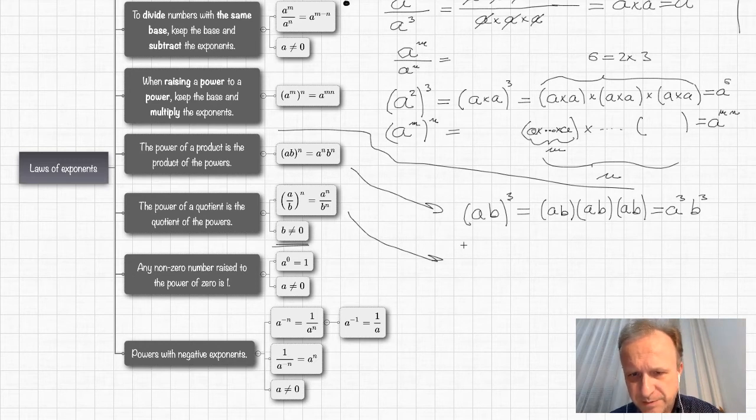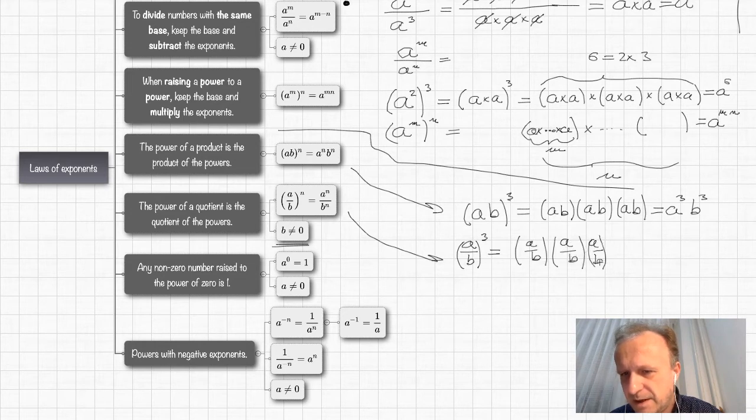So imagine a particular example of n equal to 3. So imagine you have a over b all raised to the power of 3. According to the definition, when you take as a base the fraction a over b, this should be a over b times a over b times a over b. Okay, like this. And if you have this product, this is multiplied by itself 3 times, you can use the rules of algebra to simplify, and you can multiply the fractions, multiplying their numerators, and get the new numerator.